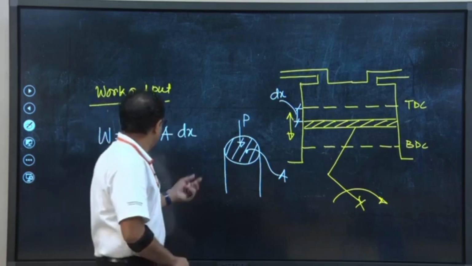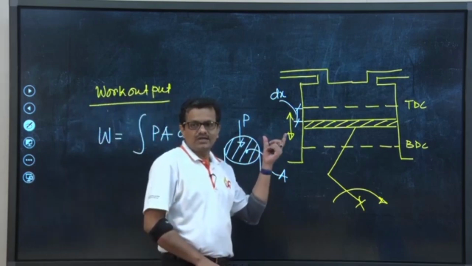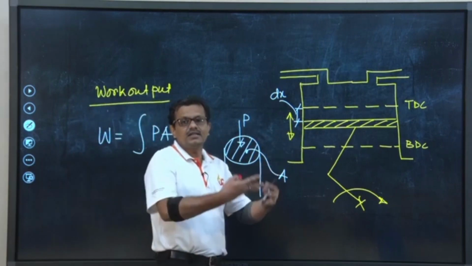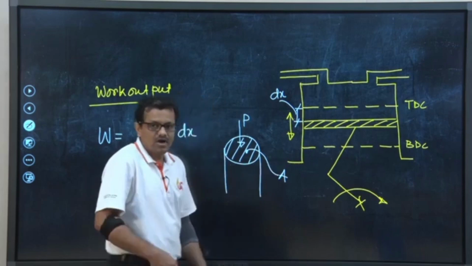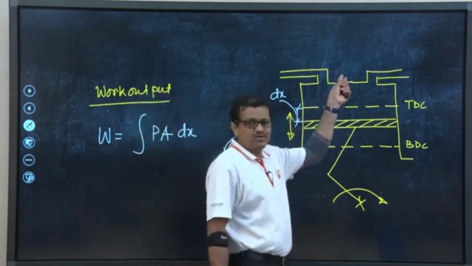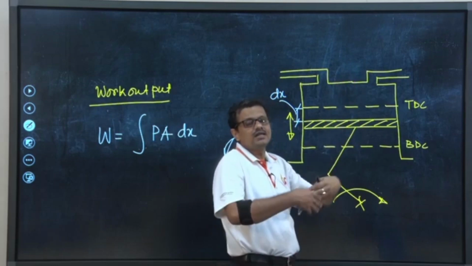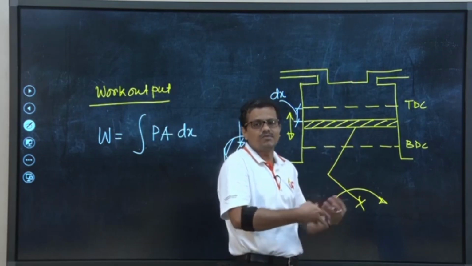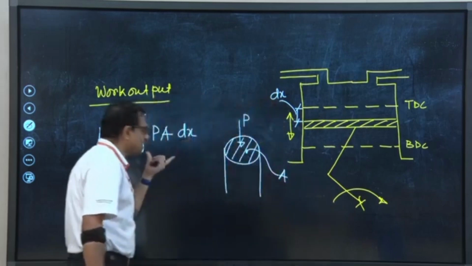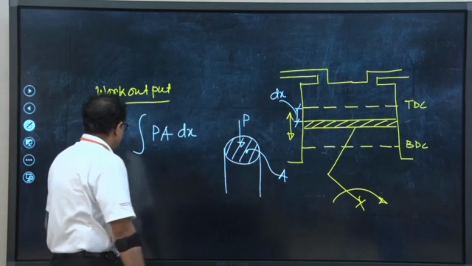Now, we need to know this particular quantity to estimate the efficiency of the engine, because whether we are going to have a carburetor or different other arrangements for its operation, the sole purpose is to get this amount of work done.